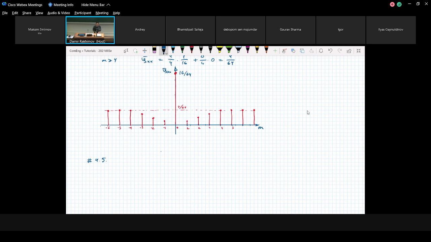As a result, the energy is infinite. Of course, in reality it doesn't happen because whatever you apply, you will have limited bandwidth. After you apply a filter, this white noise becomes band limited noise and has finite energy, because of finite bandwidth. But for this abstraction, you have infinite energy.